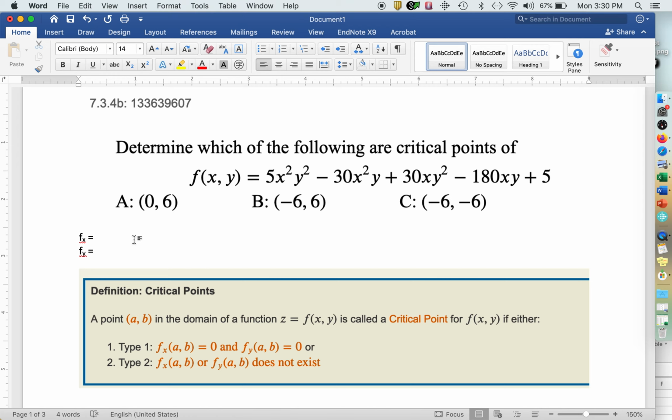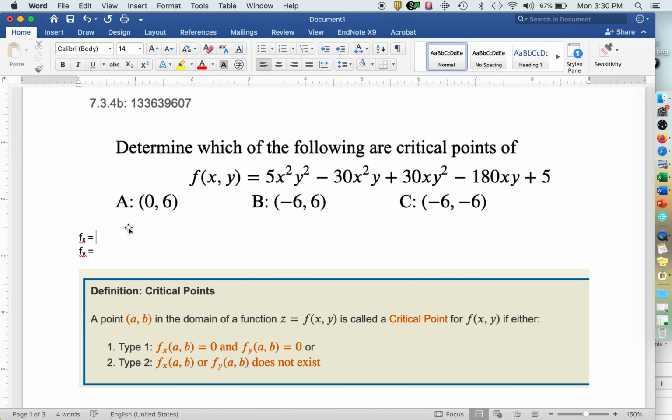For f sub x, we want to treat x like a variable and y like a constant. So the term 5x squared y squared, I am going to do the power rule on the x squared, and 5 and y squared, both of those are constants that are multiplied.